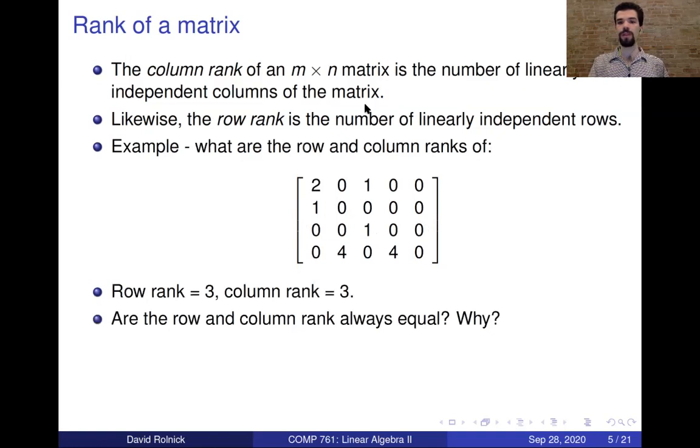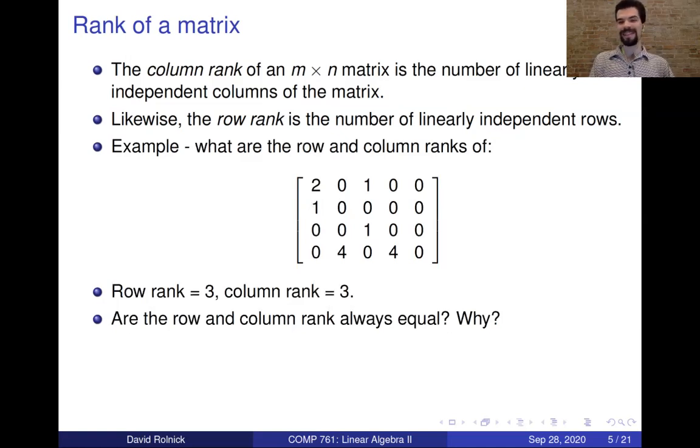Are the row and column ranks always equal? If so, why? What are people's thoughts?